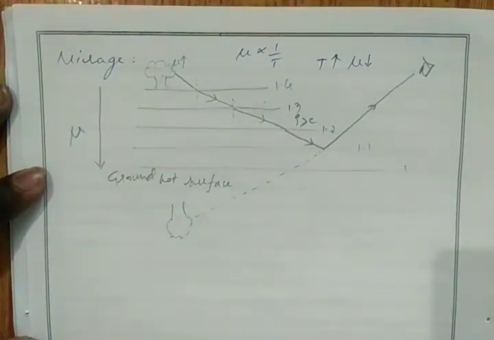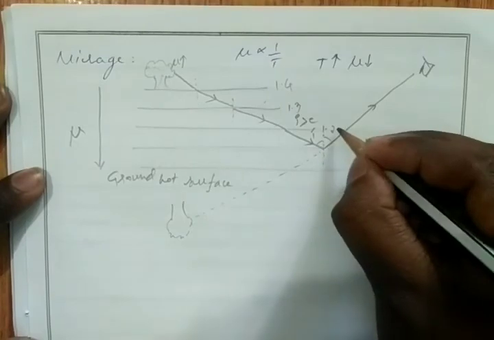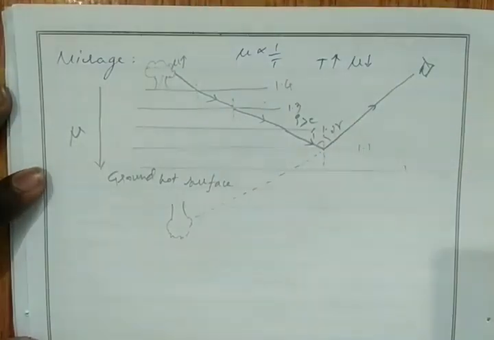So it appears inverted for him. At this place, angle of incidence equals angle of reflection. So this process happens in a mirage, that's why we see the reflection of buildings and trees on the road. Not only water, we can also see the things around the mirage.